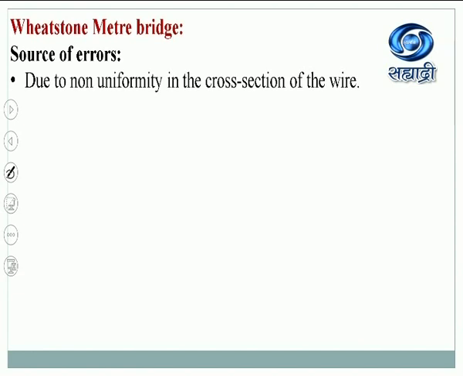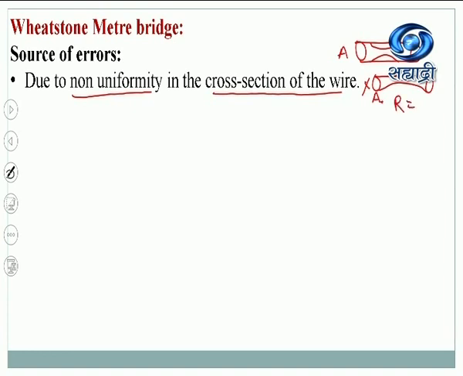First error is due to the non-uniformity in the cross-sectional area of the wire. For example, suppose this is a wire having cross-sectional area, let us say A, a uniform wire. Then its resistance, if all other things are the same, will be constant everywhere. But suppose this wire is somewhere like this, that means this wire is not uniform, its cross-sectional area is not uniform.